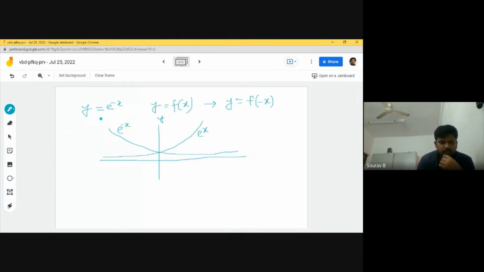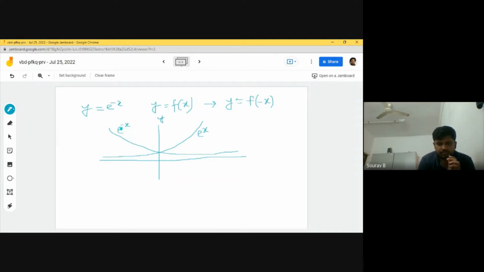If you put x equal to minus infinity in e to the power minus x, it becomes e to the power infinity, which approaches infinity.